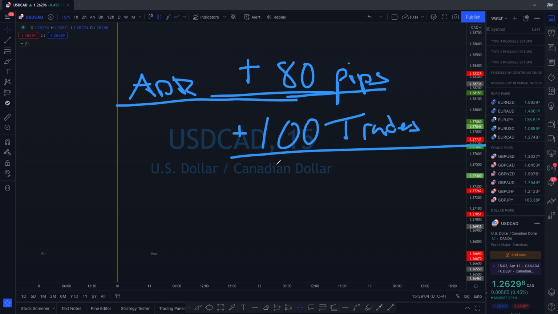But once you take the 100 trades on a demo account, ask yourself those questions. What pairs do I hate? What pairs did I enjoy trading? Which pairs did I find the easiest to understand and to follow, right?